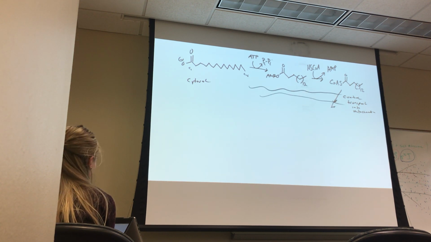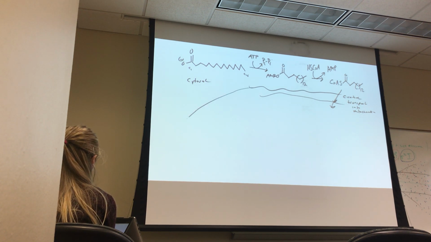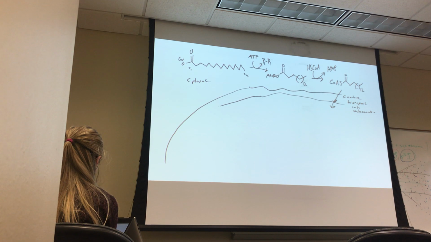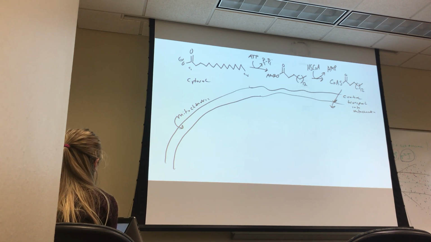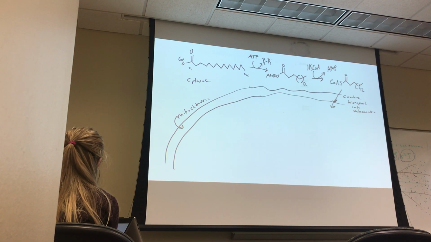Membrane, we're going to transport it in. Okay. And here's our mitochondria. Okay. So then, once we get it in here, we're going to do a process of beta oxidation.